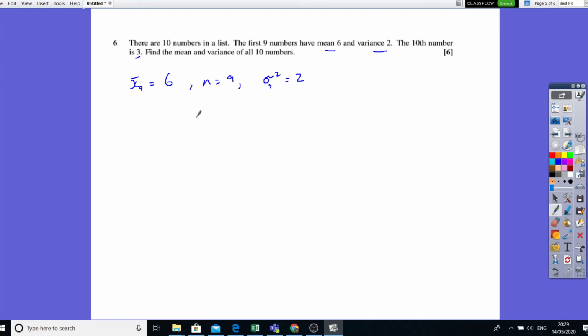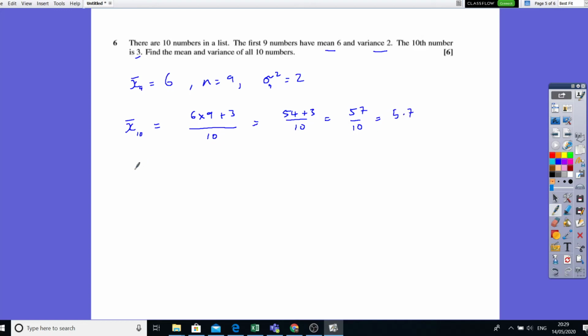First of all, if I want the mean for the 10 numbers, well, the mean was 6 for 9 numbers, so 6 times 9 plus the 3, which is the 10th number, and I divide that by 10. So 6 times 9 is 54, plus 3 is 57. Divided by 10 is 5.7.